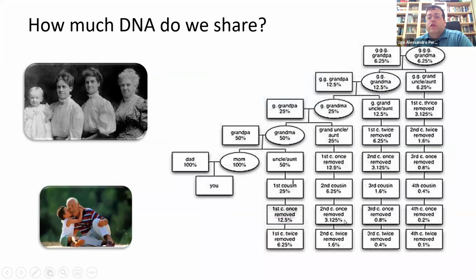And so you start seeing these percentages, and there are other, more complex charts. They actually include the average estimated amount of DNA, not in percentages, but actual quantities, and also the range that has been observed for a specific relationship.